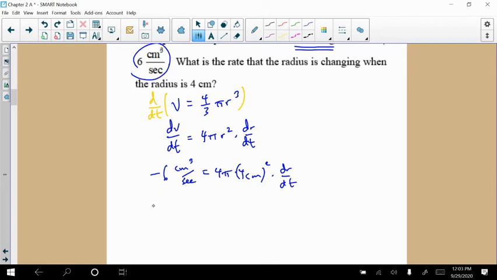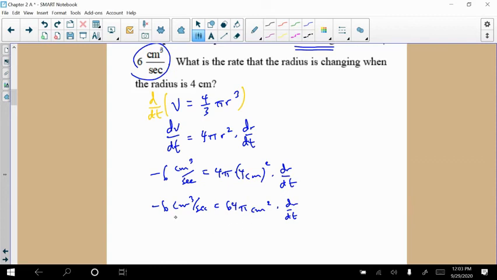So I have -6 centimeters cubed per second equals, and if I square this out, 4 squared is 16, times 4 is 64 pi, and then it's centimeters squared, and then I have my dr dt.